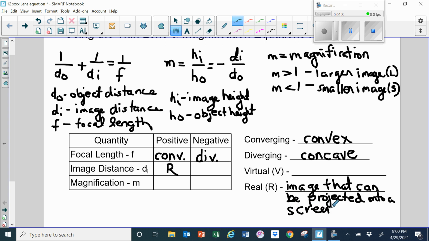If the image distance is negative, then the image is virtual, V. A virtual image is on the same side as the object.